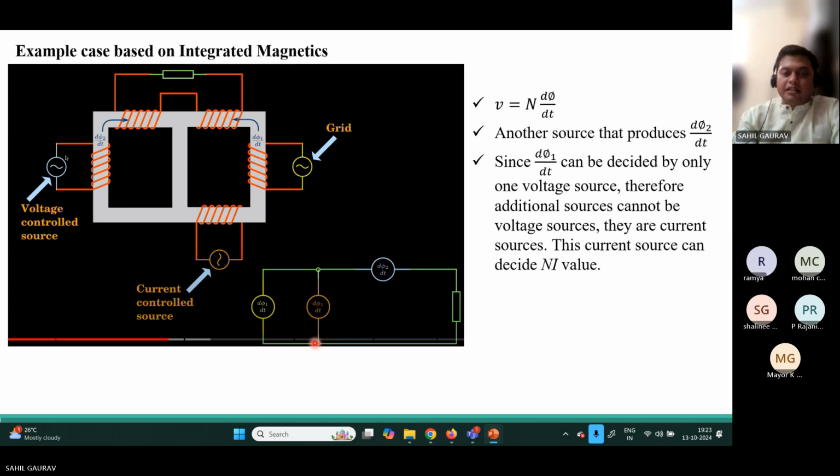While this current control source is deciding the MMF value, so you can connect it in parallel with this voltage source. And whatever extra power is needed can be fed through this current control source, and you can manipulate the power through it, while this voltage source is deciding the flux rate, and that will set the voltage at this level.